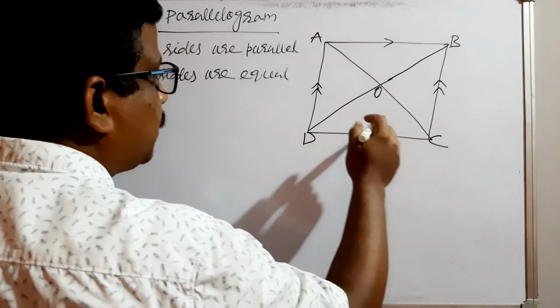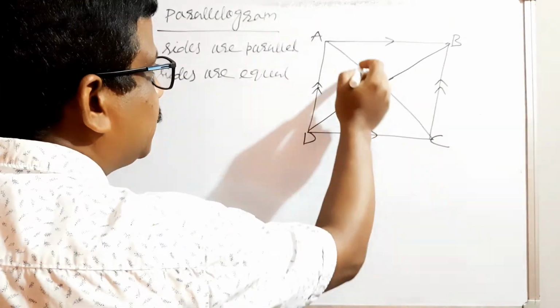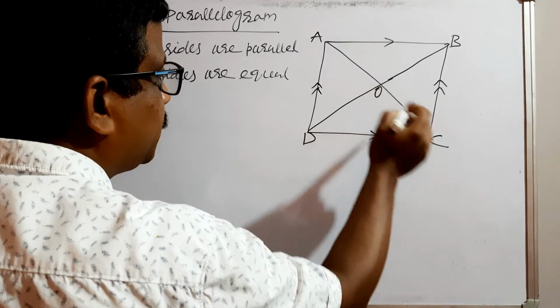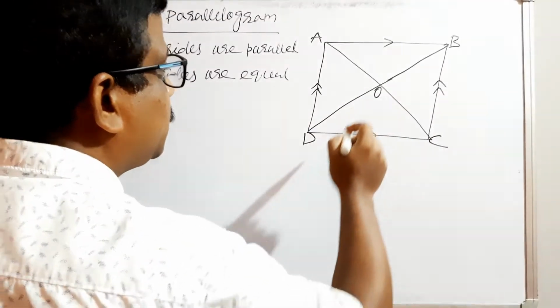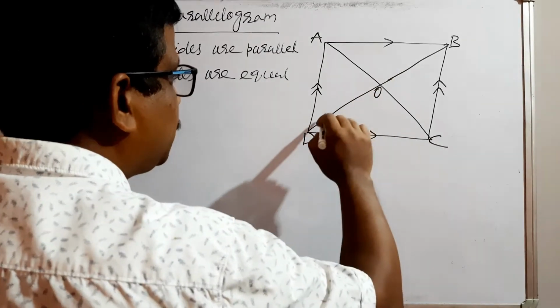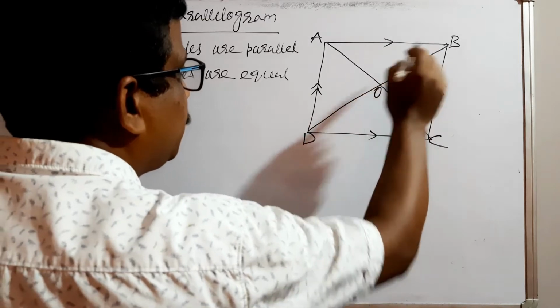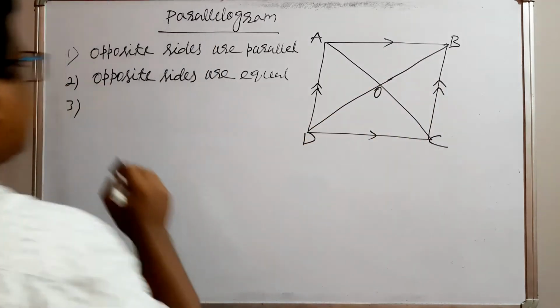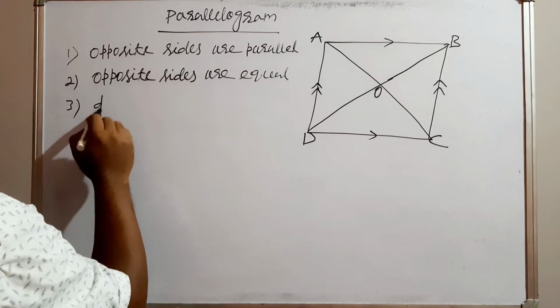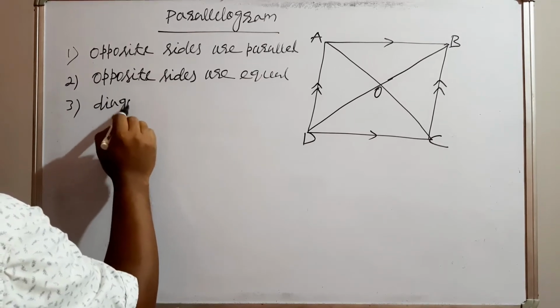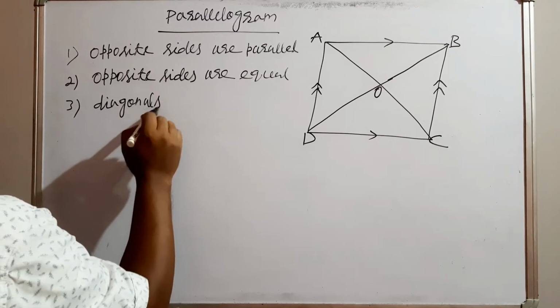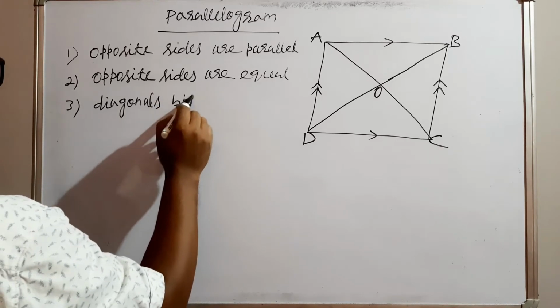Suppose AC is the diagonal. If it is 8 cm, then AO is equal to 4 cm and CO is equal to 4 cm. Suppose BD is 6 cm, then DO is 3 cm and BO is 3 cm. So diagonals bisect each other.